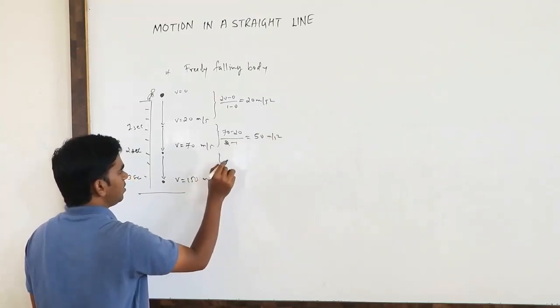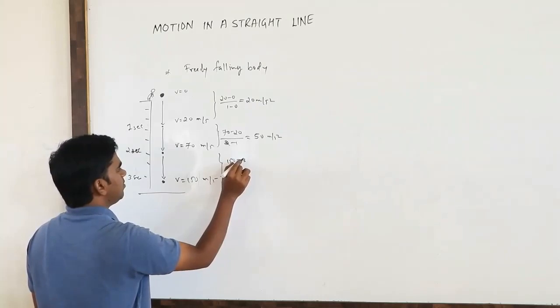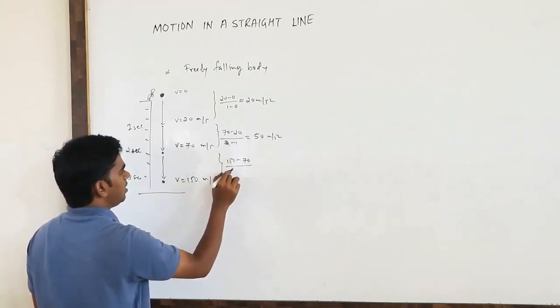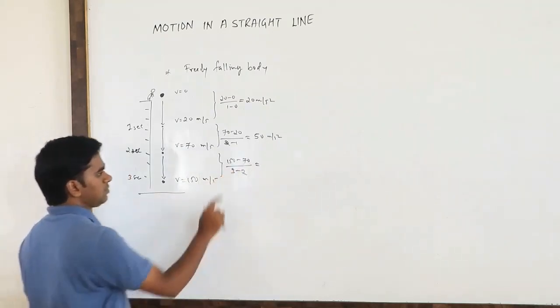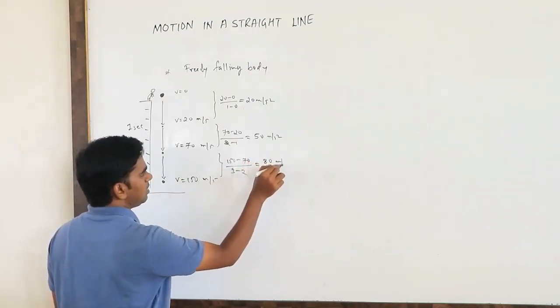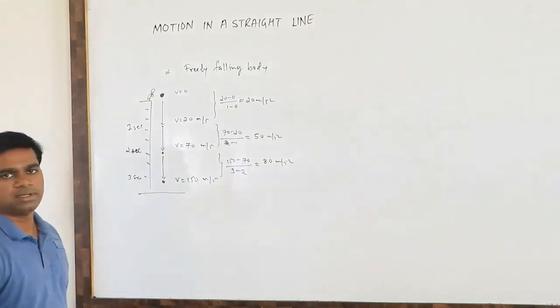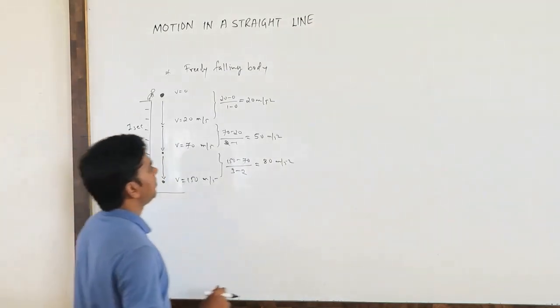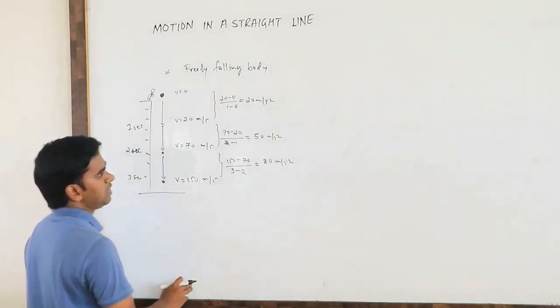Here, 150 minus 70 divided by 3 minus 2. So 150 minus 70 means 80, so 80 meter per second square. Now if you plot the graph, what graph will you get?